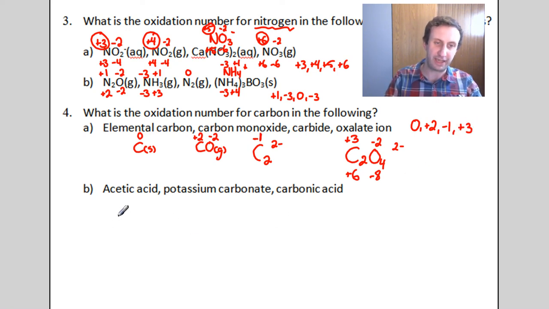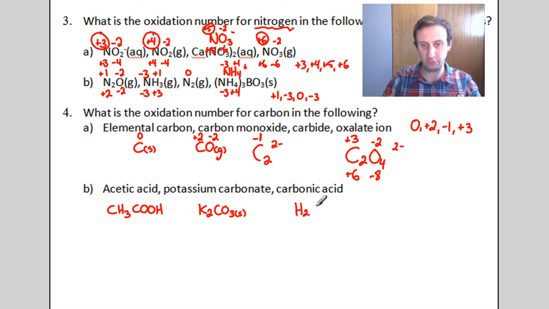All right, acetic acid. So that's CH3COOH. We're going to treat every one of those atoms the same. Potassium carbonate will be K2CO3 solid. And then carbonic acid is H2CO3 aqueous. So let's tackle each of these.